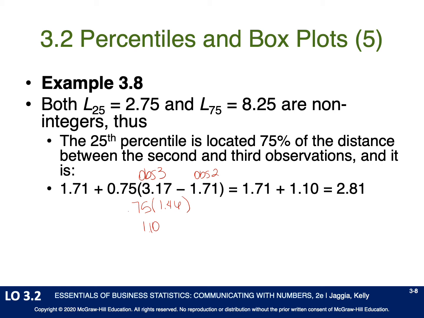So that's where the 1.71 comes in. The 1.71, remember, is observation 2, and this is 75% of the way between 2 and 3. So that means our first quartile, or the 25th percentile, is at 2.81.